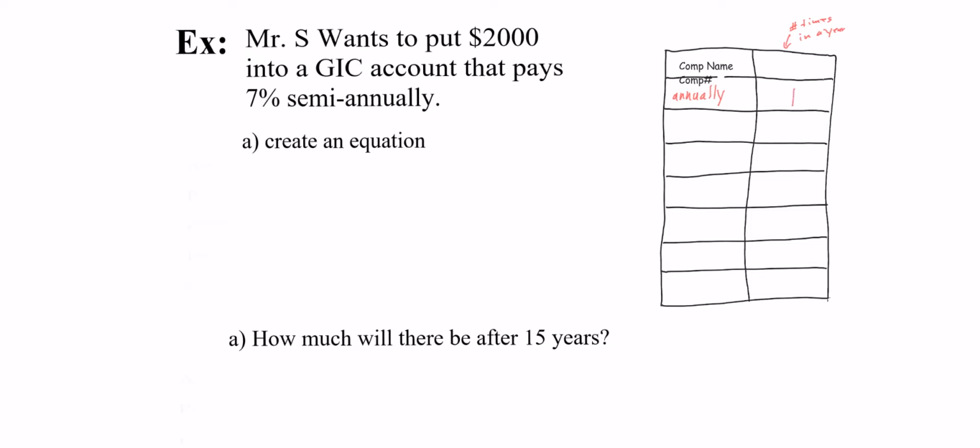So if it's annual, the compounding number is 1. If I have something that is semi-annual, that happens twice a year. If I have something that's quarterly, that happens 4 times a year.